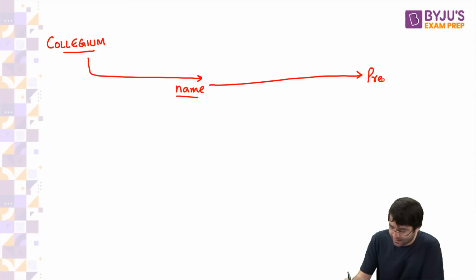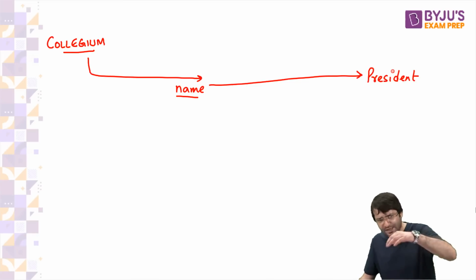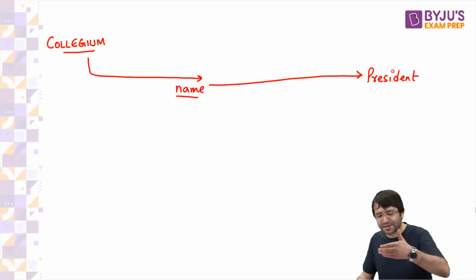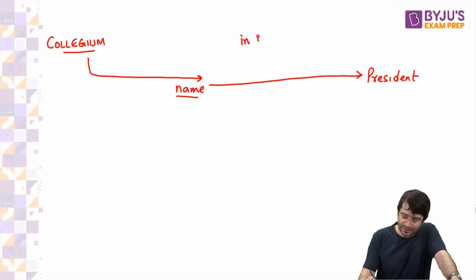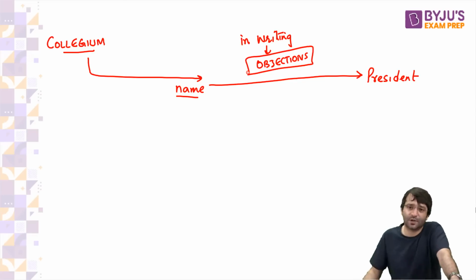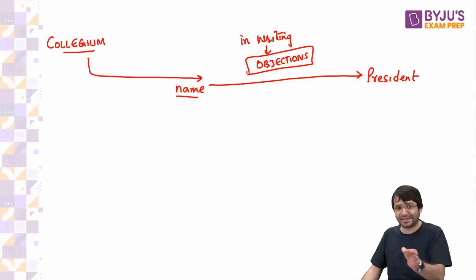This name is sent to the president, who has to accept this name, or the president will send the matter back to the Collegium and mention in writing what the objections are. If these objections are not acceptable to the Collegium, they will reiterate the same name, re-recommend the same name, and it is binding on the president to appoint that individual.